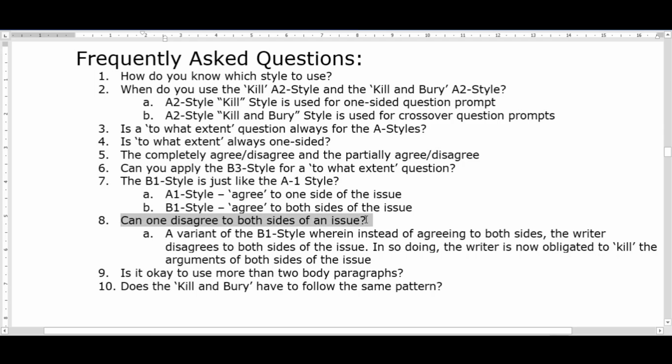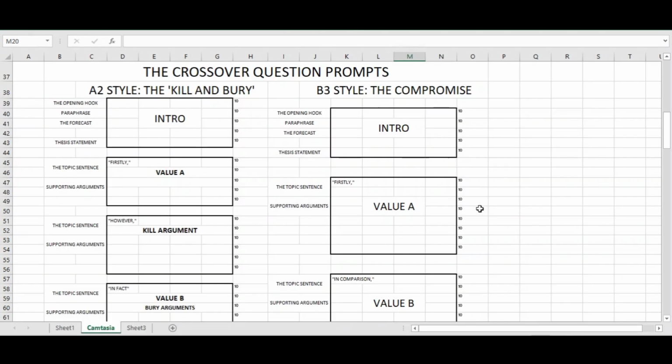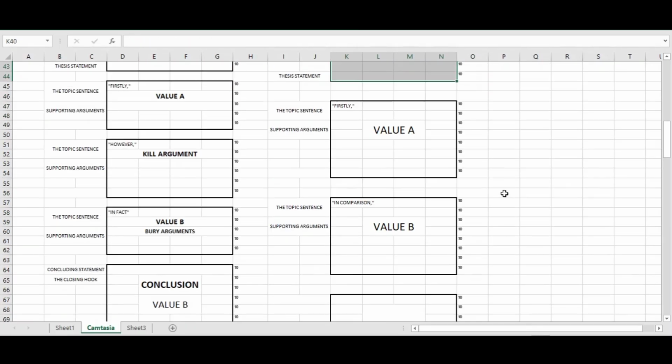And then question number 9, is it okay to use more than 2 body paragraphs? Yeah, I do get this question a lot. Remember, for example, in the B3 styles, I'm going to show you a sample of the B3 style, or the compromise. There you have your introduction, and then here you have your arguments for one side of the issue, and then here your arguments for the opposing side.